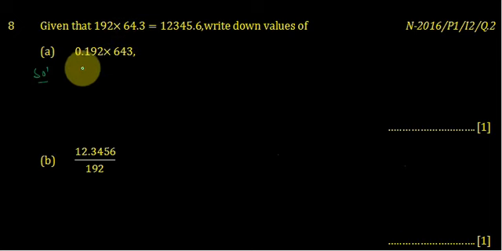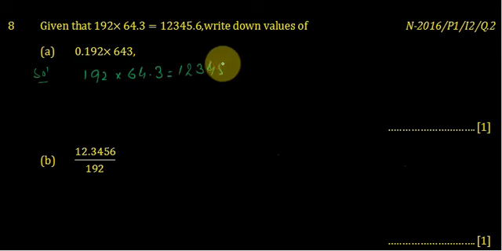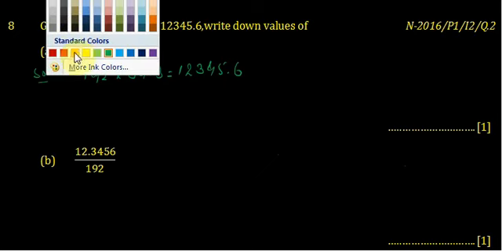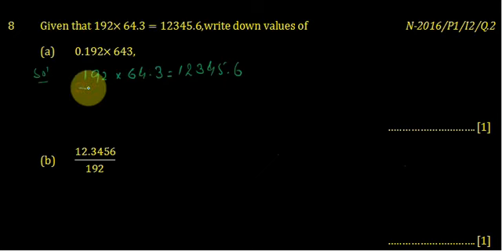Now we have to first rewrite the question. The information given is 192 multiplied by 64.3 is equal to 12,345.6. Now we have to reshape this number to make the other number. In order to make the decimal, if I divide this number by 1000, it becomes 0.192.